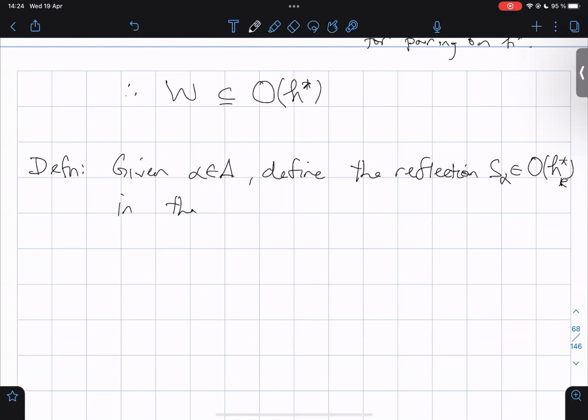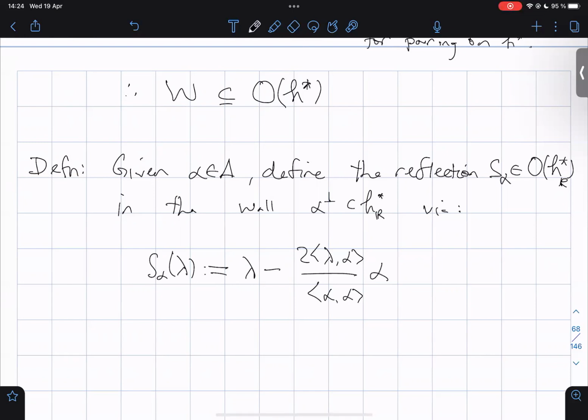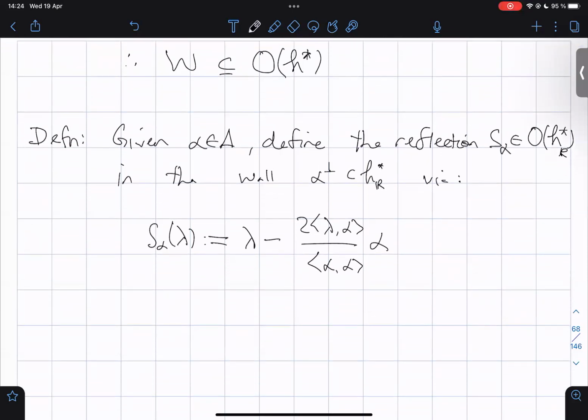So S alpha is this reflection in the wall, namely the perpendicular to alpha, by the following formula. This is the same type of formula that you see in usual Euclidean geometry. And we'll just check that it has the properties that we expect from a reflection.